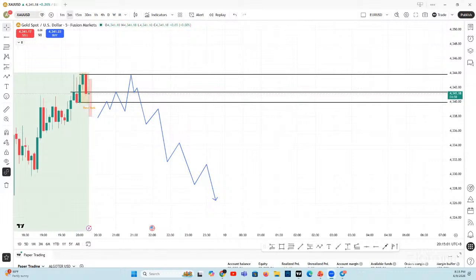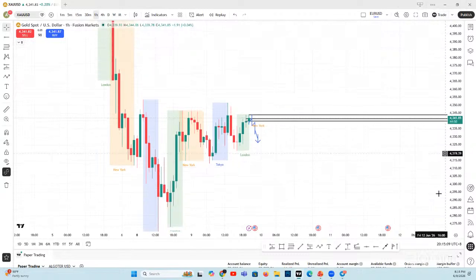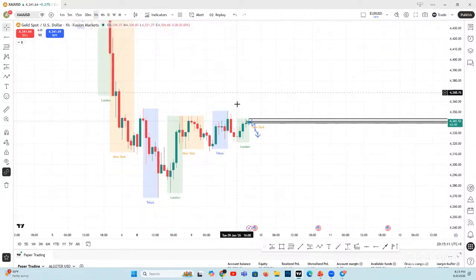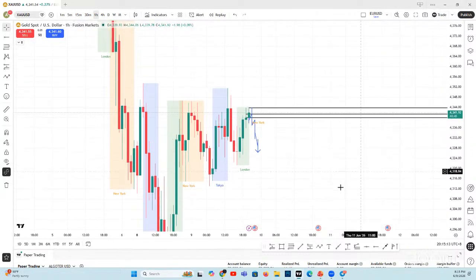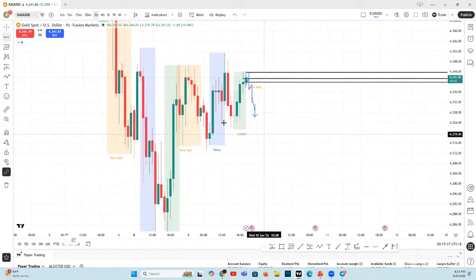And the QM, there's always a QM somewhere, even in the higher time frame. Let's say H1. If you can find the QM in the H1, guys, my God, this is a QM.